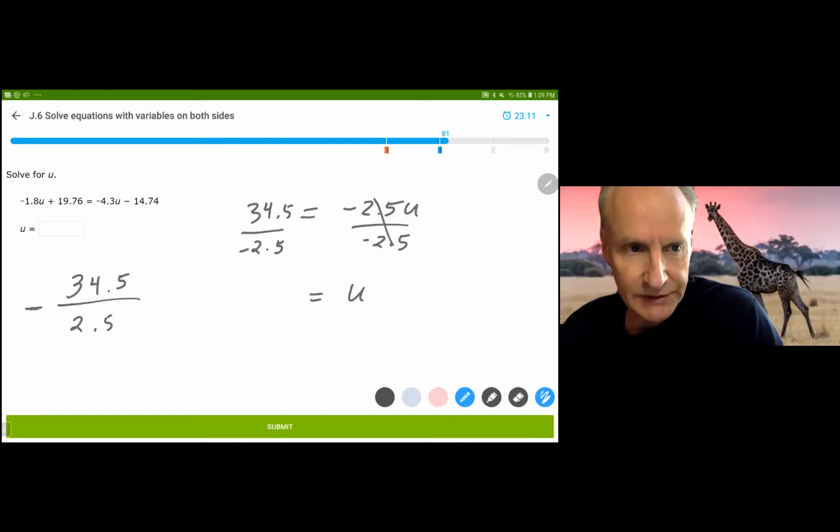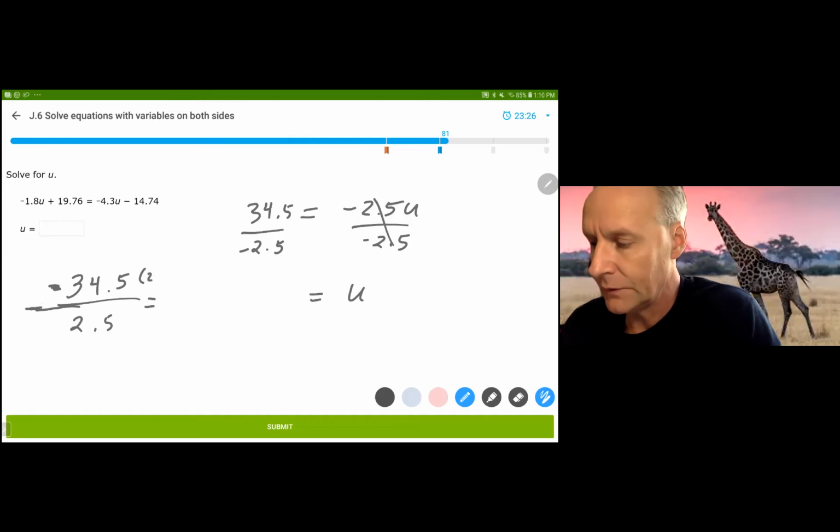Probably the worst situation is putting it out in front like your book does. What I'm going to do now, and actually I'm going to put it in the numerator. That's really where it belongs. What I'm going to do is multiply by 2 in the numerator and the denominator. That is so I can simplify this fraction. 34.5 times 2 is going to give you 69.